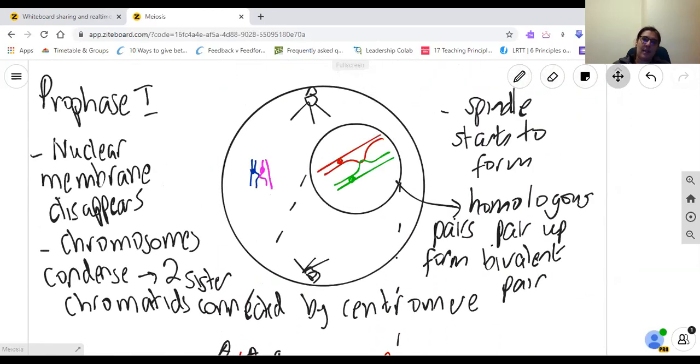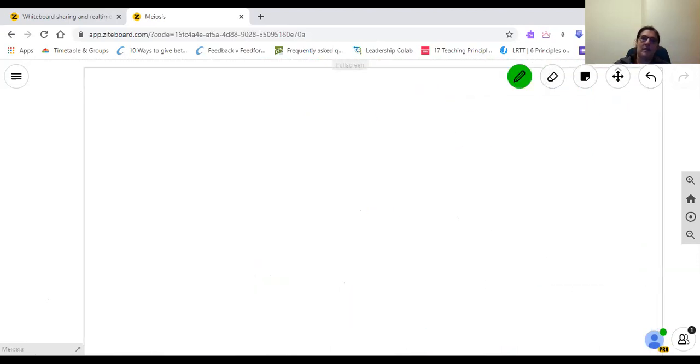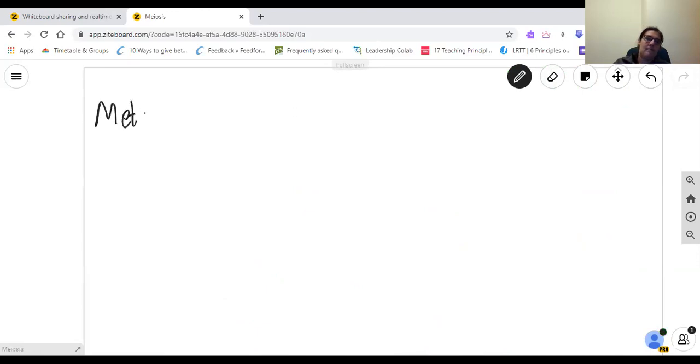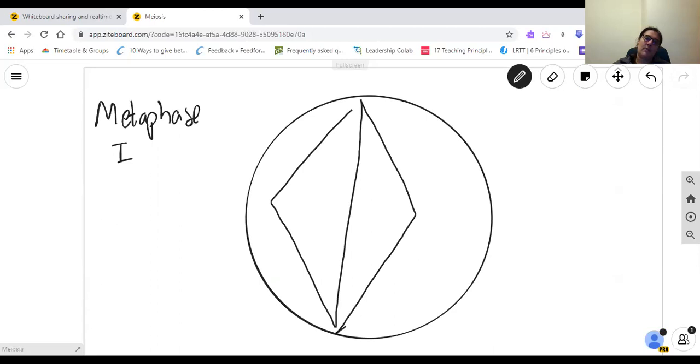So if we go back to prophase, this is what will happen. These will switch information and these will switch information. And this will become really important when we get onto metaphase next. So if we have a look at Metaphase One, we have our cell, which was like that. We have our spindle, made of spindle fibers formed from the centriole.